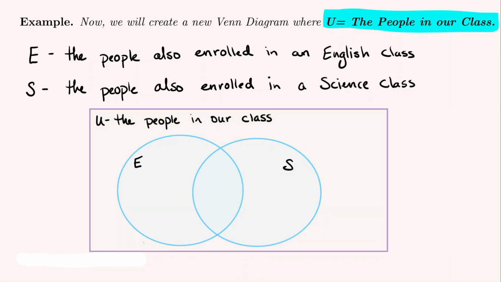Now in your mind's eye, identify the section in the Venn diagram that would represent the students who are in a science class, but not in an English class. So they're in the science class, but they're definitely not in the English class. So these are the students who would be in a science class, but not in English. Next, identify what section would have all of the students enrolled in an English class.